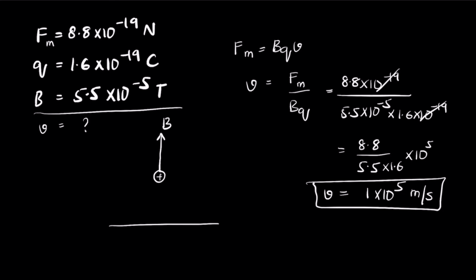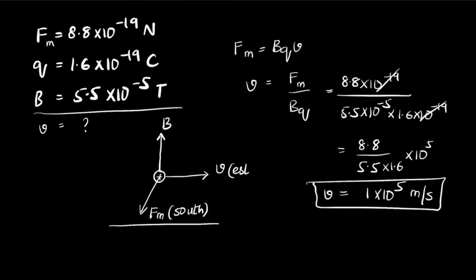Which direction is east here? You have east in this direction, so the velocity is in this direction. Then the force is going to be perpendicular to both of them, which means that it goes forward. So this force Fm is going to go towards the south.